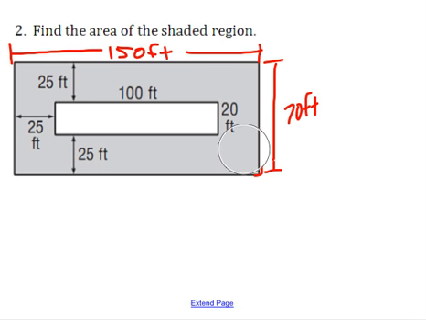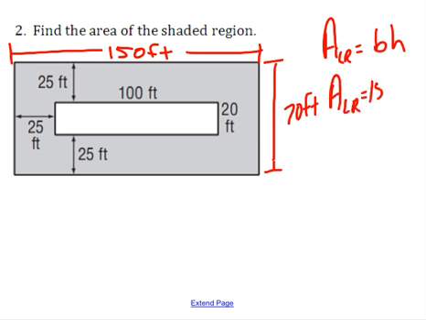So we have an area with a height of 70. When I do this, the shaded region, the whole shaded, including the inside, actually not even the area of the shaded, let's go with the large rectangle. The area of the large rectangle is going to equal base times height, so 150 times 70.